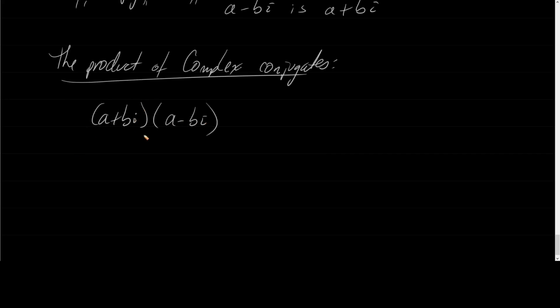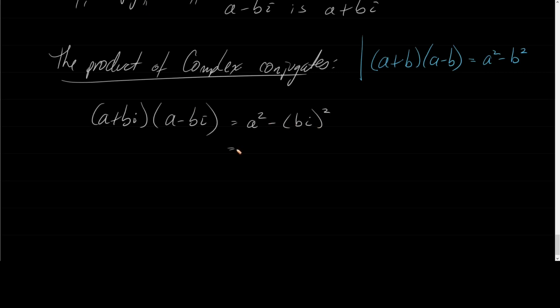And what does that give us? Well, let's remember first what the product of conjugates is. So if I have a plus b times a minus b, this should remind you of the difference of squares. All right, so let's apply that here. Instead of b, I've got bi. So what I'm going to get here is a squared minus bi squared.